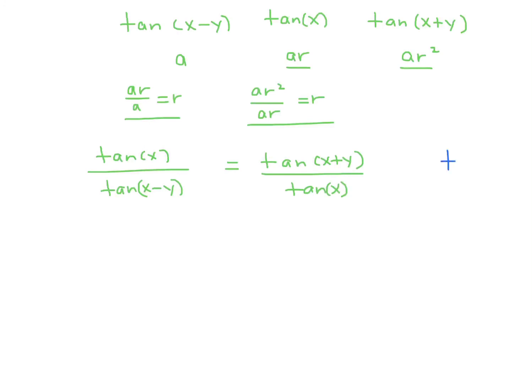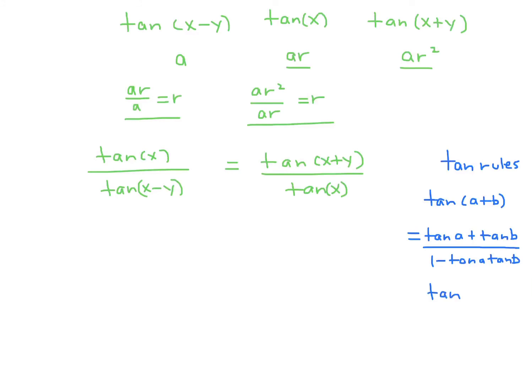Now, just in case you forgot the tan rules, I'll just list them on the side here. Tan of A plus B, this will be a little bit of a refresher. It's the tan of A plus the tan of B all over 1 minus tan A times the tan of B. Okay?